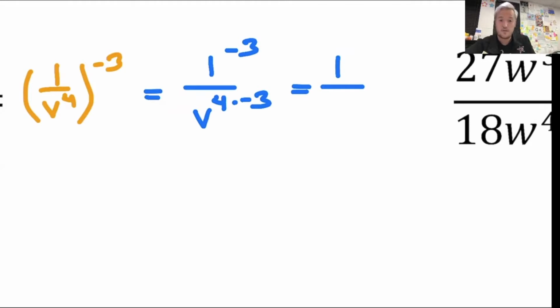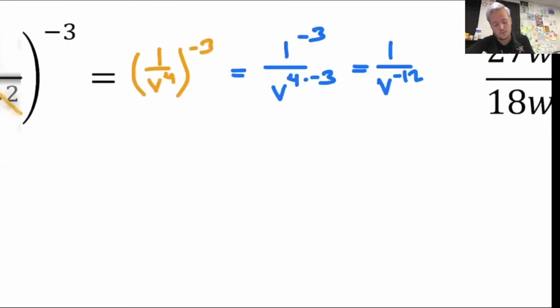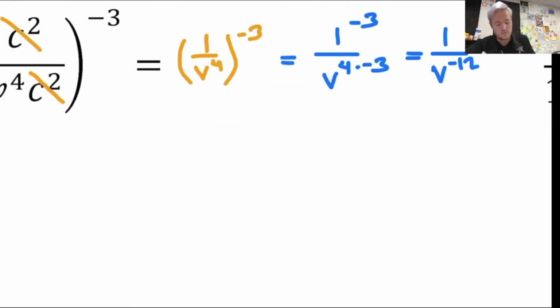Then in the denominator, 4 times negative 3 gives you negative 12. But remember, we cannot have a negative exponent, which means we have to flip it. Because it's in the bottom, it's going to go to the top. Since we have nothing left in the bottom, we write a 1. And then when we simplify, we're simply left with b to the 12th power.